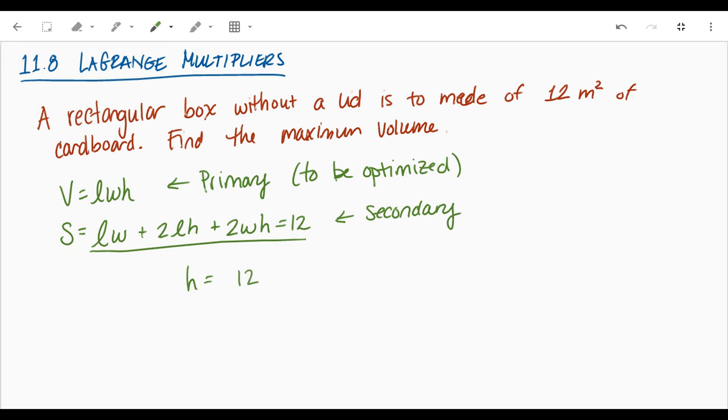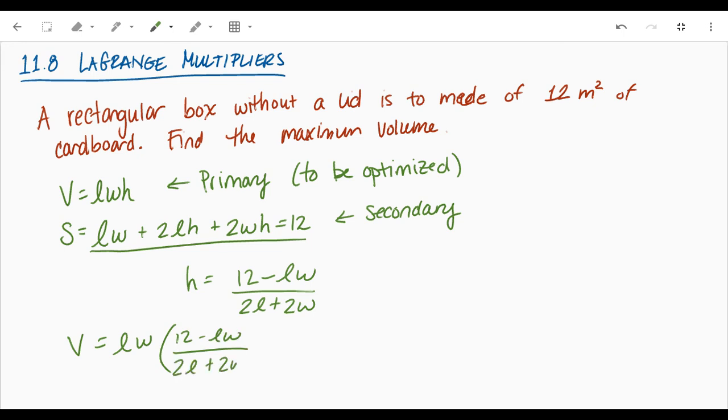We would have 12 minus LW, and then our h would be on one side, and we could divide by 2L plus 2W. Okay, so that's your secondary equation solved for h. So then V equals LW times 12 minus LW over 2L plus 2W.